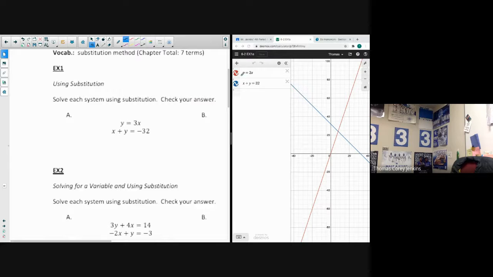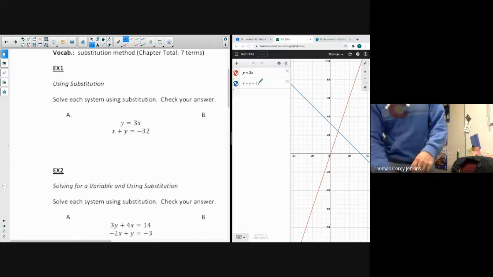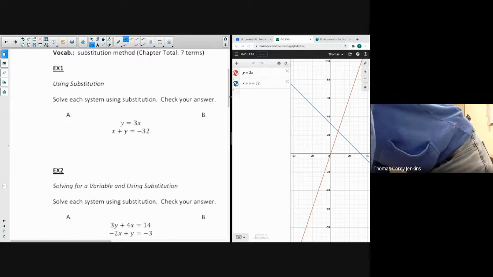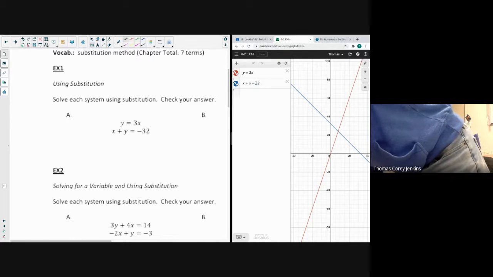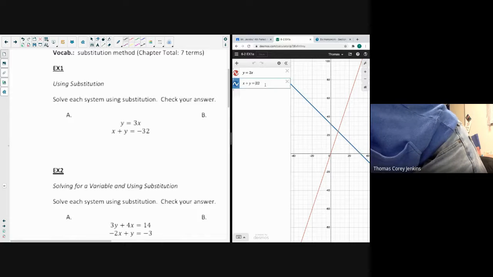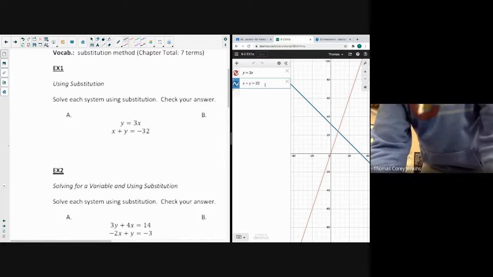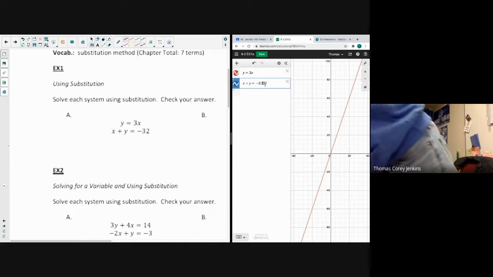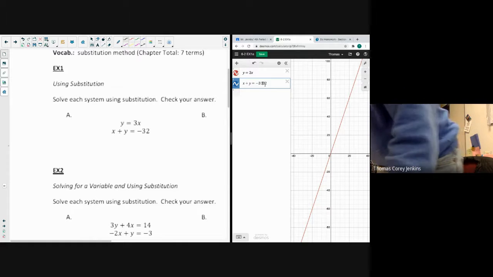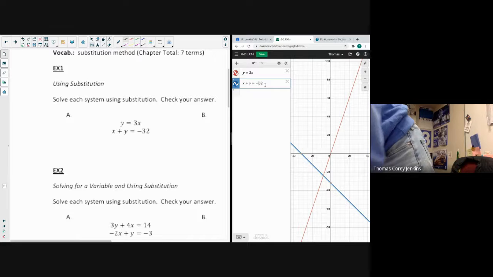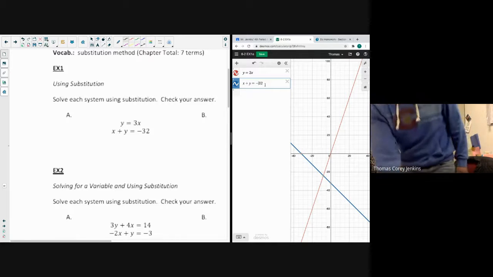Notice I went ahead and typed these in: y equals 3x, x plus y equals, that should be negative 32. Let me change that. You've got to be careful there. See, I made a mistake. Let me switch that to how it's supposed to be. Negative 32. All right, so there we go.